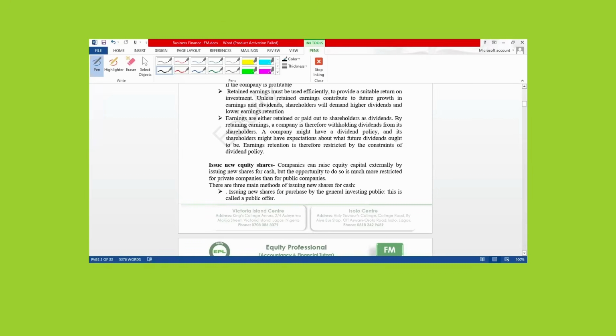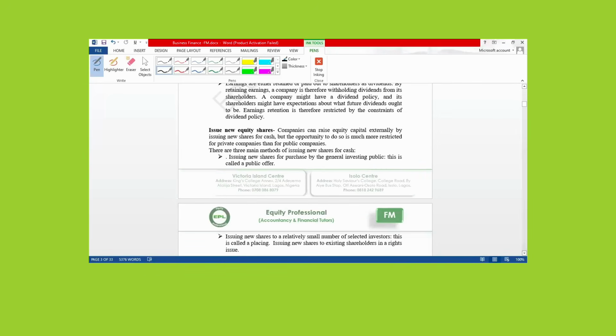There are 3 methods of issuing new shares for cash. If companies are planning to raise funds, there are 3 ways a company can issue new shares for the purpose of raising funds. Number 1, public offer.